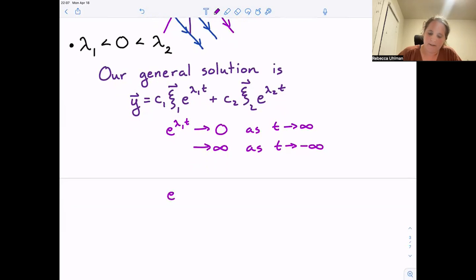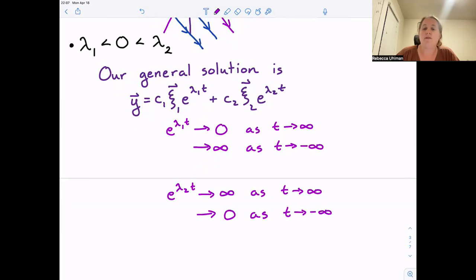Similarly, e to the lambda 2t will go to infinity as t goes to infinity, and will go to 0 as t goes to negative infinity, since lambda 2 is positive. So essentially what we get is these do not go to 0 at the same time, so we do not have a case of coming from the origin.